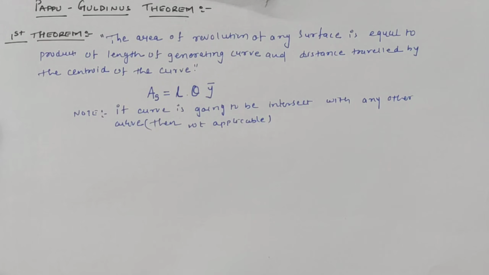It means that if our curve is intersecting with any other axis or any other particular surface, then Pappus-Guldinus theorem is not applicable.